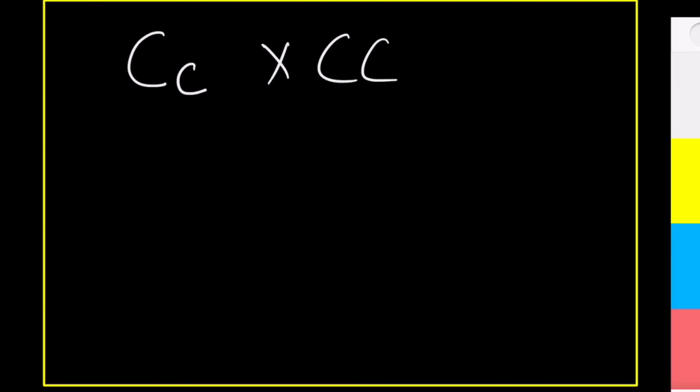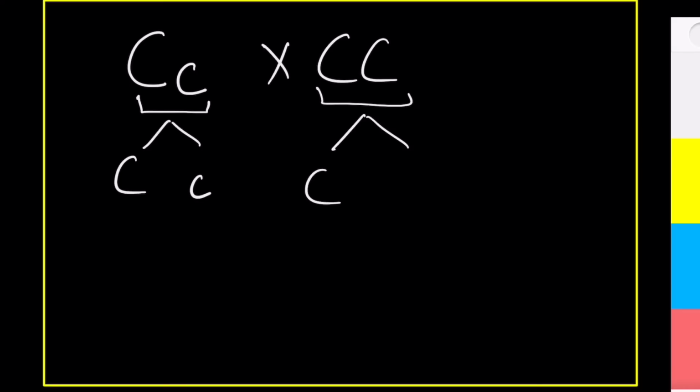So this one is going to carry the disease, but this one is not going to carry the disease. Now let's suppose there is a cross between them. Here you are going to see two types of gametes, capital C and small c, and here capital C, capital C.